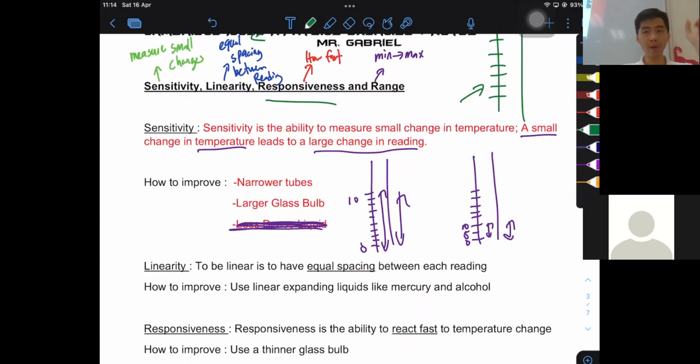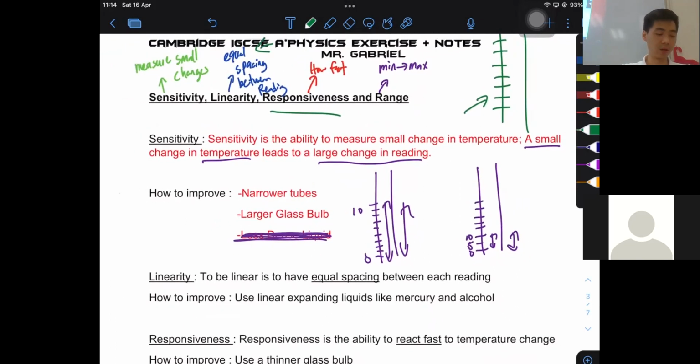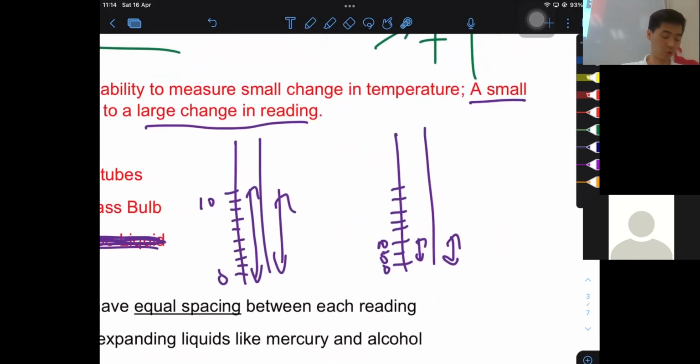Now, whenever they talk about all these improvements, first and foremost, if you look at the notes here, you have to know what they represent. By definition, sensitivity is the ability to measure small changes in temperature. A small change in temperature leads to a large change in reading. For example, last week I drew this, right?